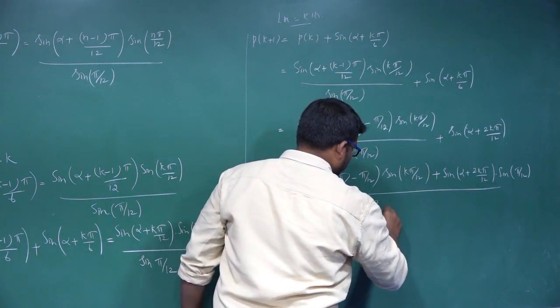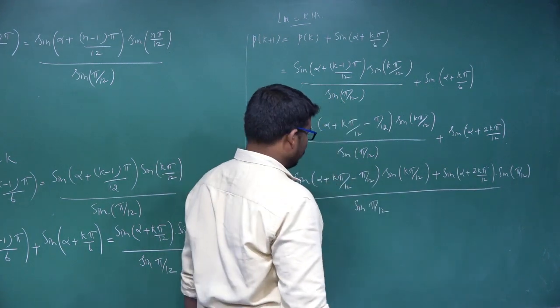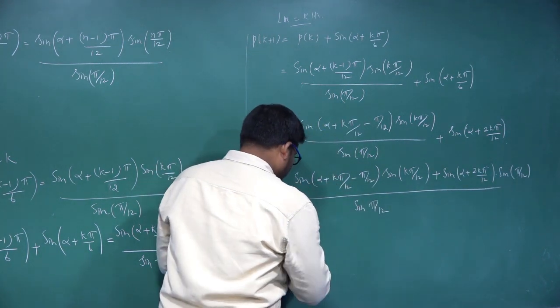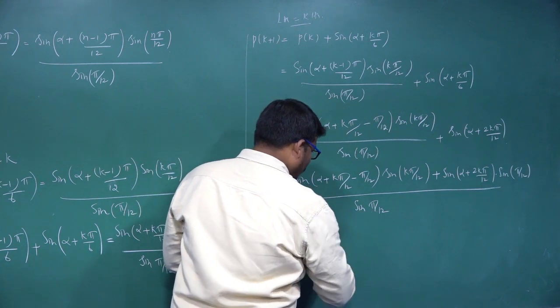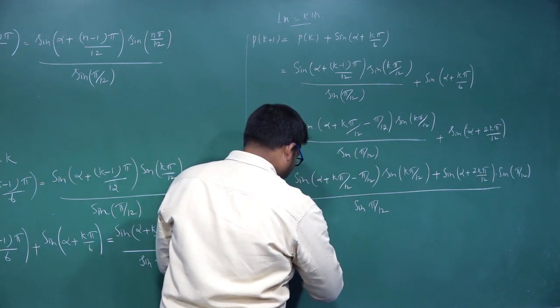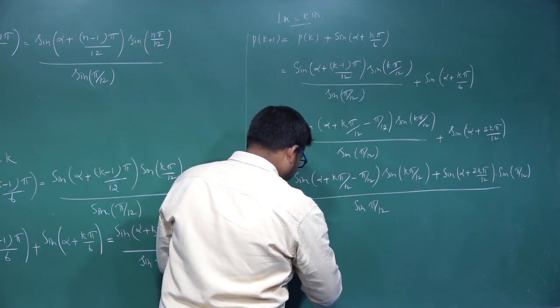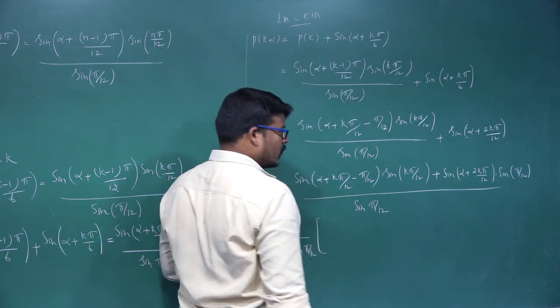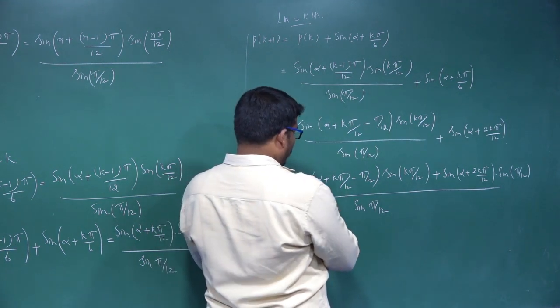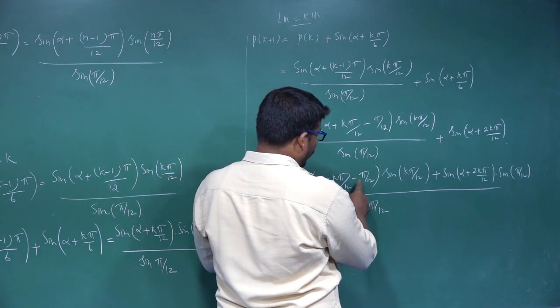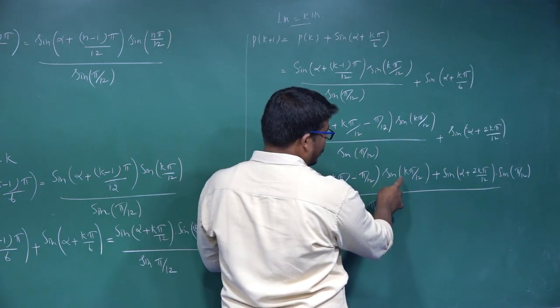The next one, taking sine pi by 12 outside: 1 by sine pi by 12 into sine of alpha plus k pi by 12 minus pi by 12 into sine k pi by 12.